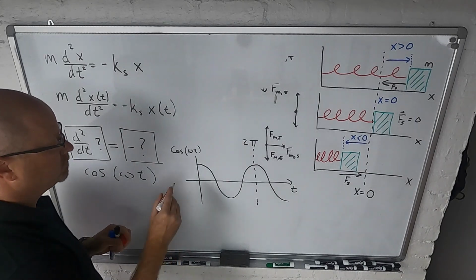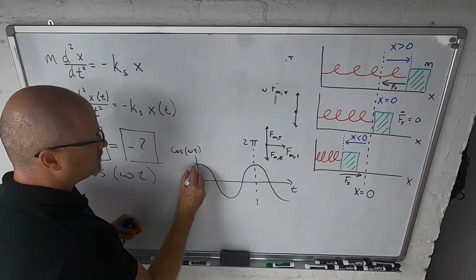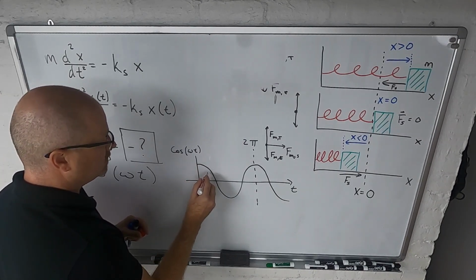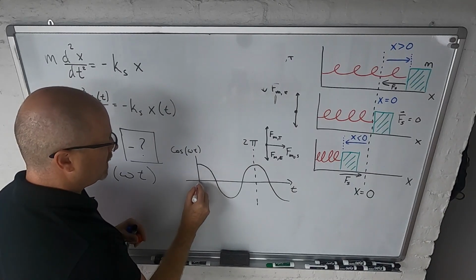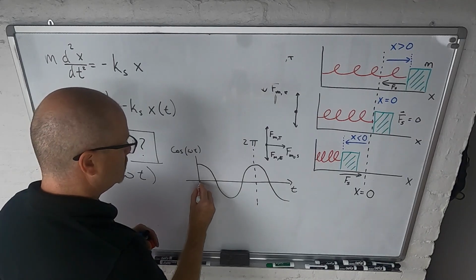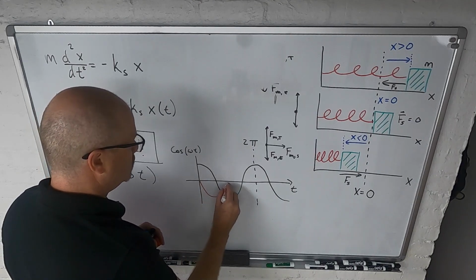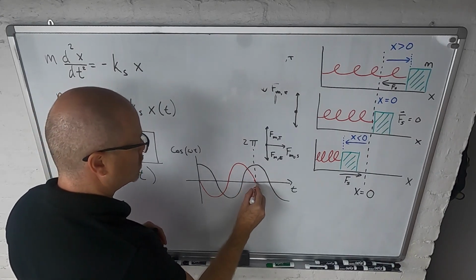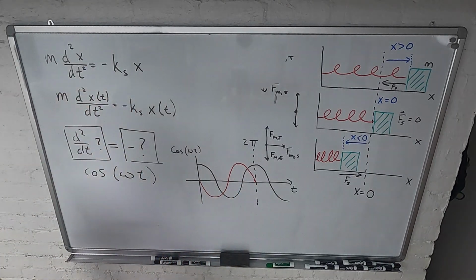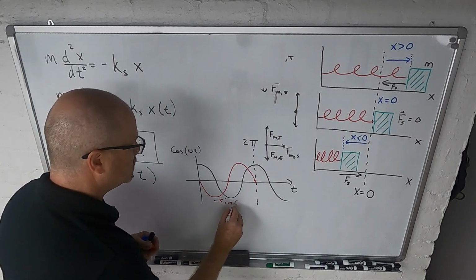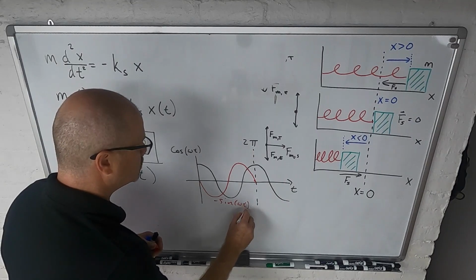Well, let's think about it. The first derivative of cosine is 0 here, it goes negative, so that must be a minus sine. So there's a minus sign. This is minus sine omega t.